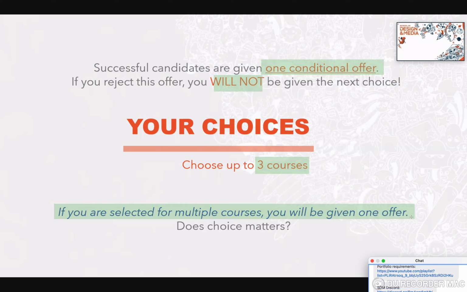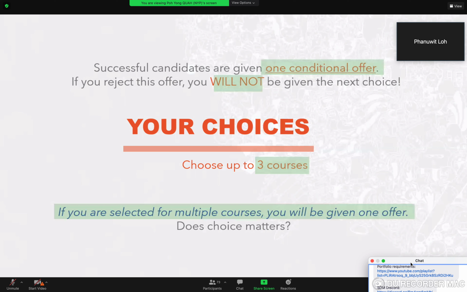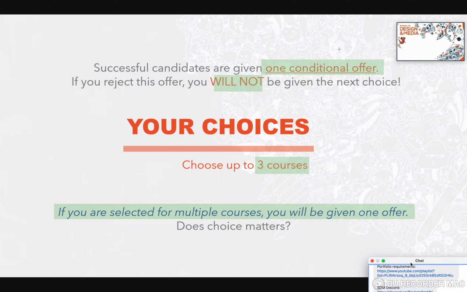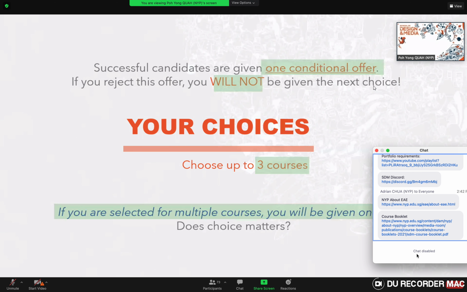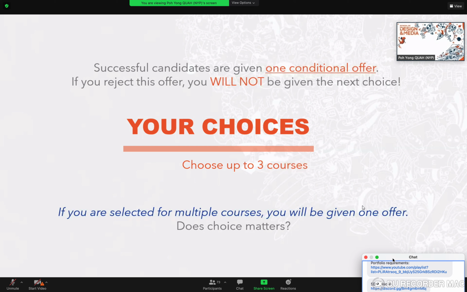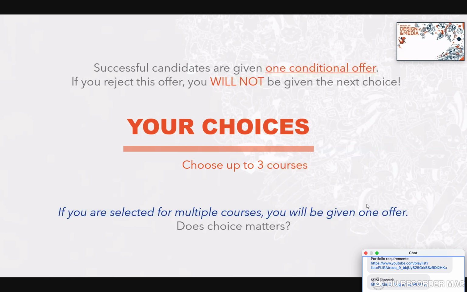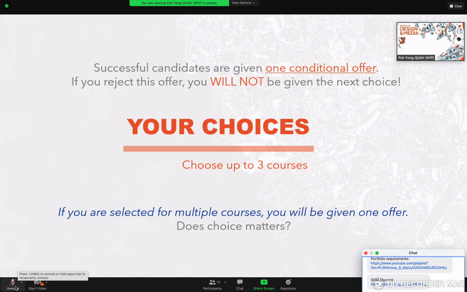Anyone clear about this? It's very, very tricky. A lot of the seniors, when they come for interview, say, "Hey, I don't like this school anymore. They offer me, I don't take." That's it. You're not going to receive the next one.